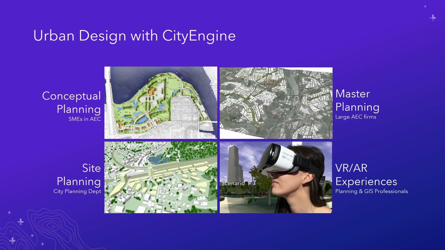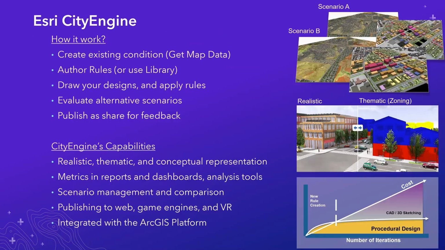And CityEngine really has been moving towards focusing on being this urban design tool to support conceptual planning, master planning, and site planning, and also acting as a bridge for GIS information into VR, AR experiences, and specifically in Unreal and Unity.